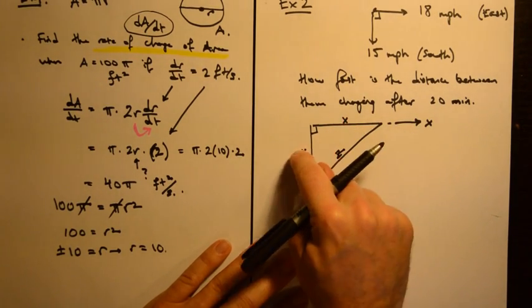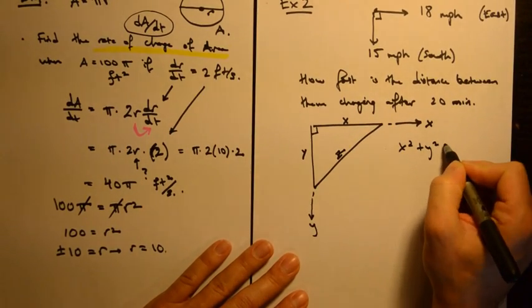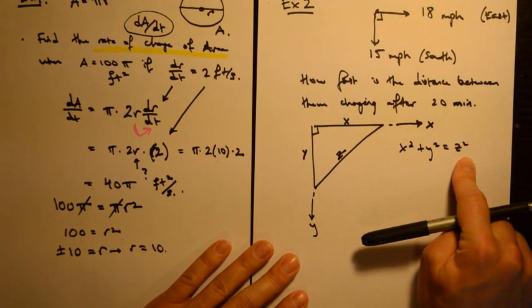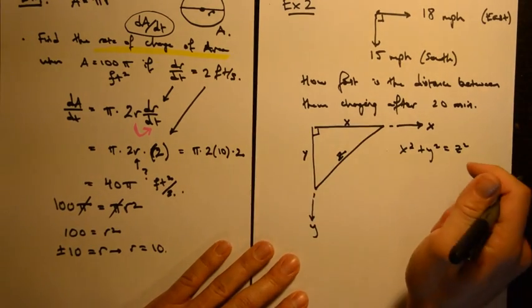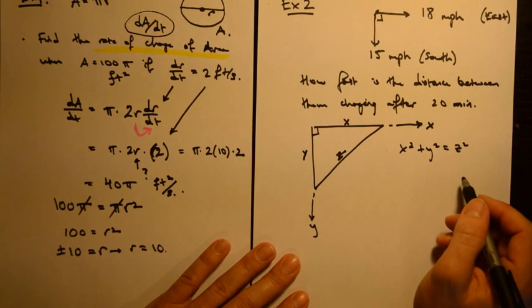And so we can use x squared plus y squared equals z squared from the Pythagorean theorem. So all of these problems involving triangles very often involve this relationship, and you have to choose the coordinate system for the problem. They're not going to give you this is the x direction and this is the y direction. You have to come up with that assignment.